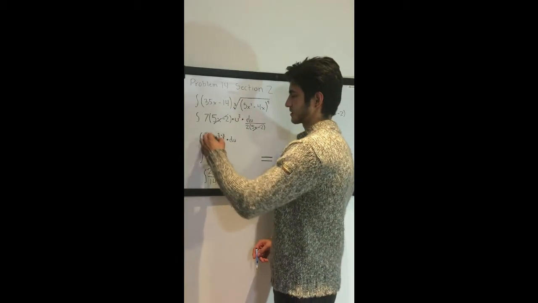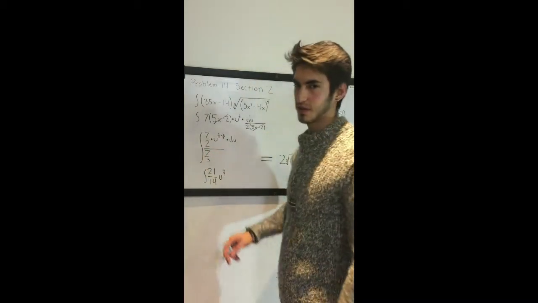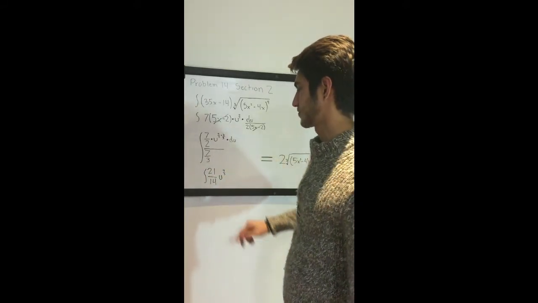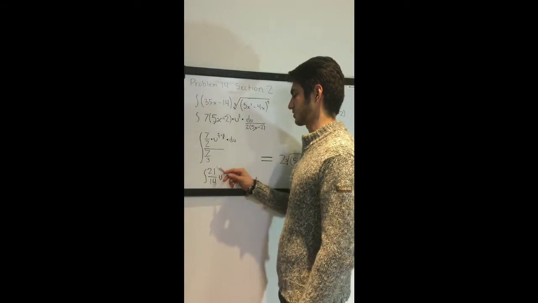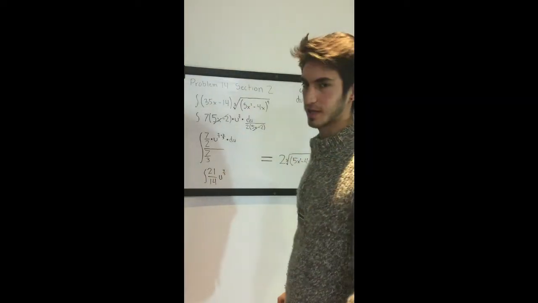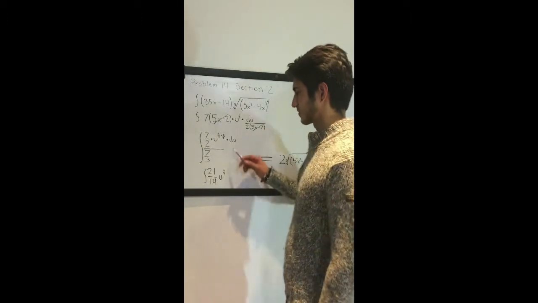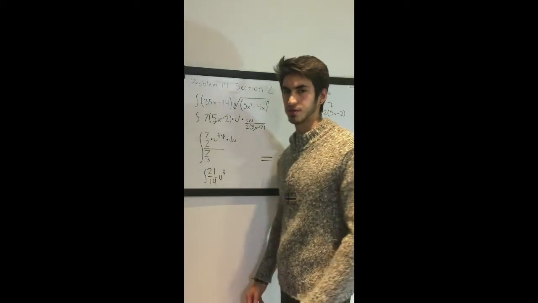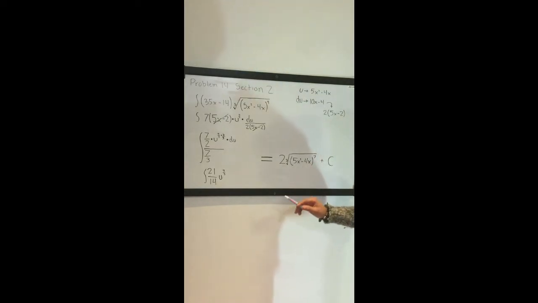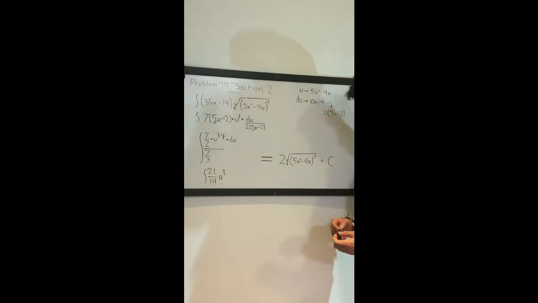Then he divided this by 7/3, so we're going to multiply 7 times 3, which equals 21, and multiply the numerators as well. We're going to put that over the denominator, and we're going to be left with u to the 7/3, and that's going to give us an answer of 2. This is equal to u in antiderivative form, plus C, which stands for the constant of integration. Thanks.